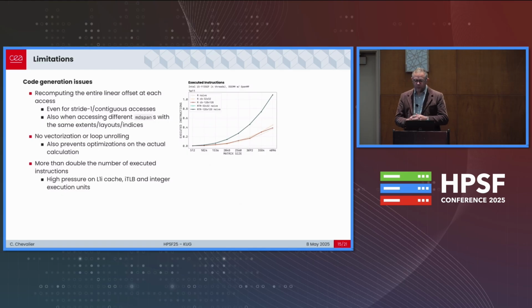The reason we have a drop in performance using the tiling on the layout is that we recompute again and again the offsets, and it's quite a lot of computation compared to the rest of the kernel. If we look at the number of instructions, we see a dramatic increase in this number.